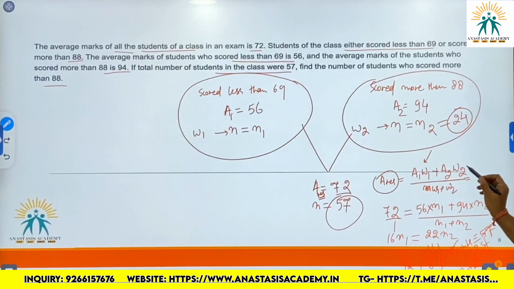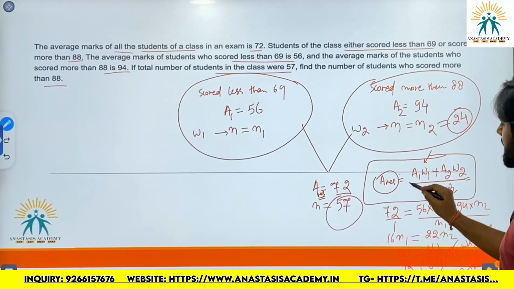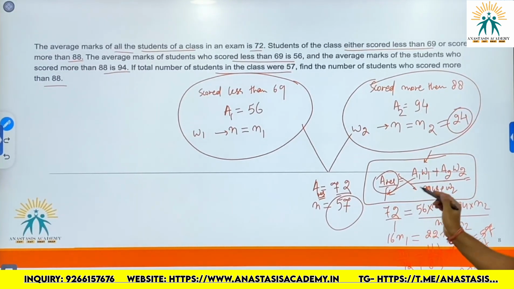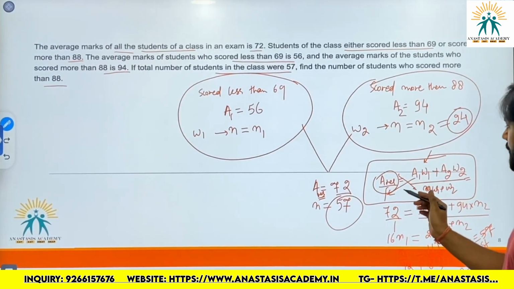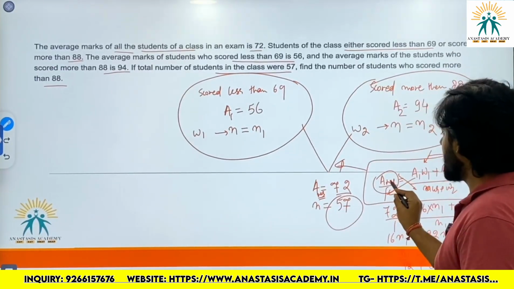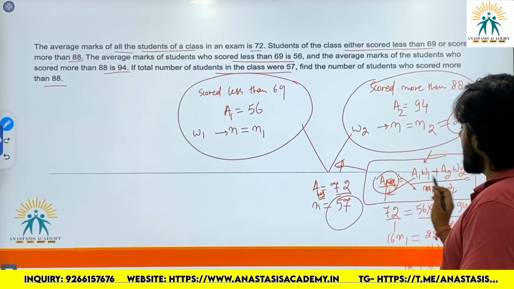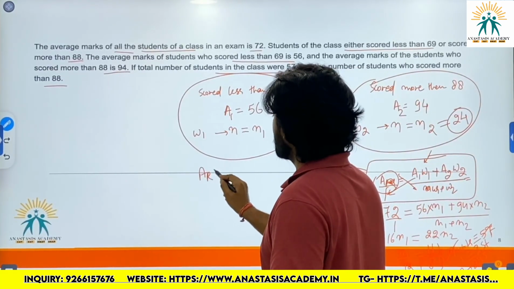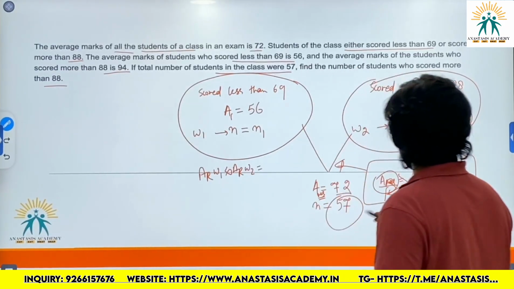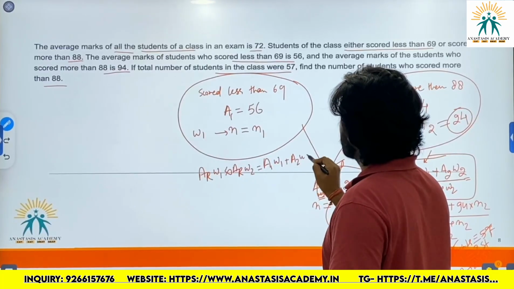I can manipulate this one step further, just cross multiply these terms, and I represent the resultant average as AR. So AR W1 plus AR W2 is equal to A1 W1 plus A2 W2.